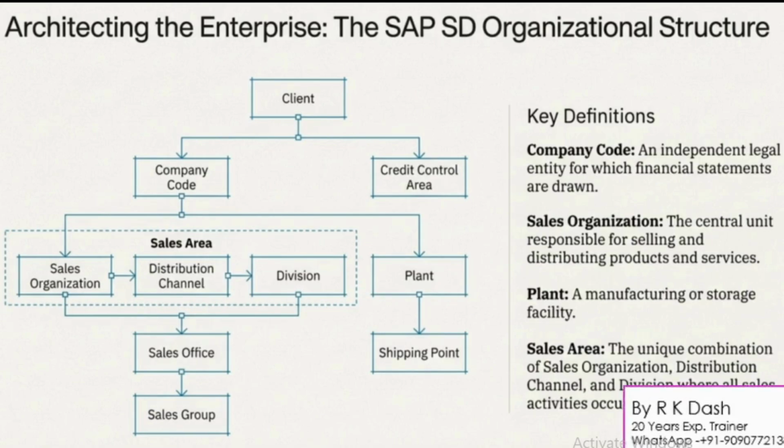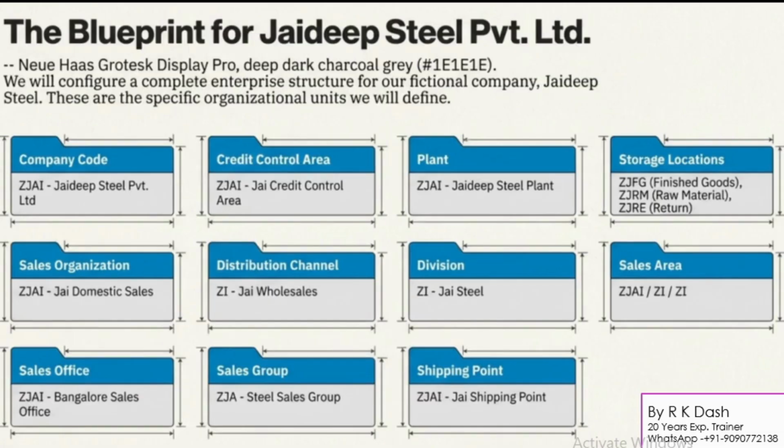Next, the blueprint. We are going to take an example of Jaideep Steel Pvt Limited, and we have made a blueprint for this for your convenience. We will configure a complete enterprise structure for our fictional company Jaideep Steel. These are the specific organizational units we will define.